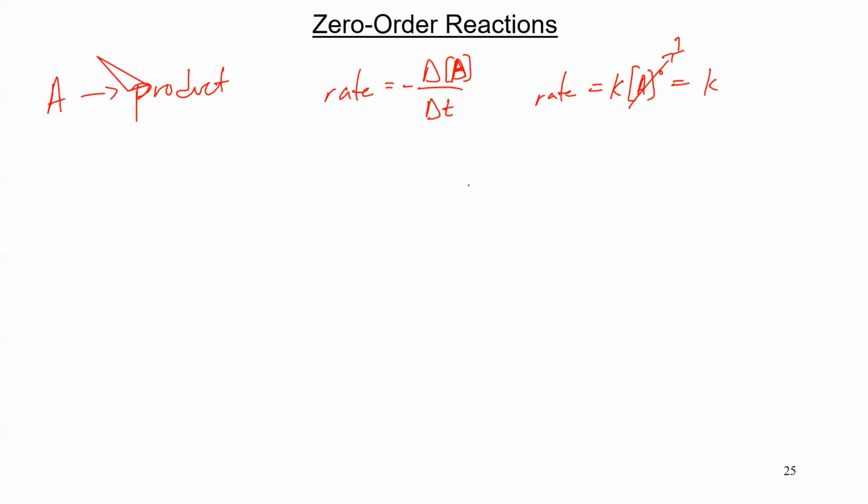And so we get out of this that the negative change in concentration of A over delta t is k.